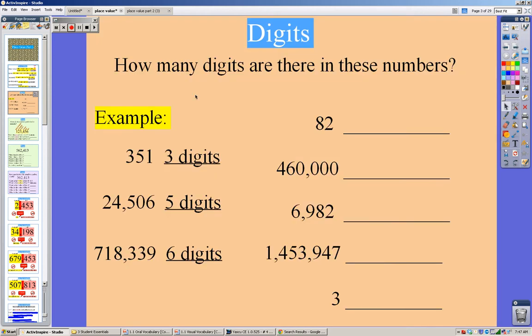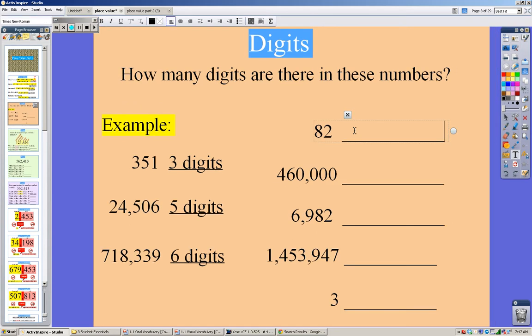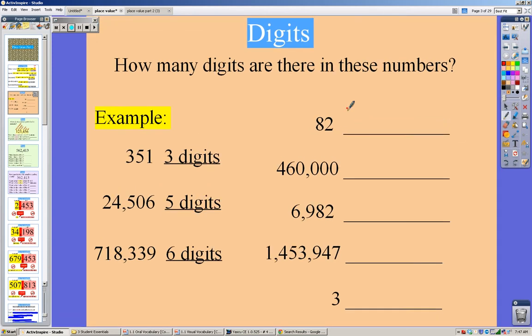Digits. How many digits are in each of these numbers? We can see the number 82 right here. How many digits do you see in this number? I see 1, 2. So I'm going to type in 2 digits. We can see right here that we just have to count how many digits there are.